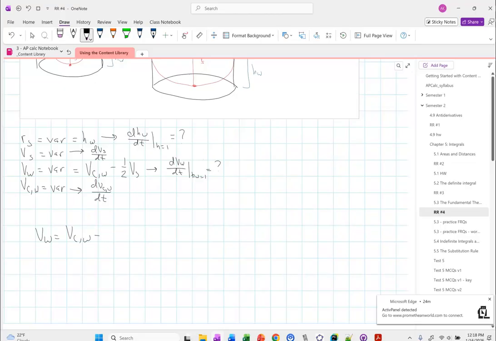Yes, thank you. Got it. So the volume of a cylinder is pi r squared height, right? Now keep in mind that the radius of the cylinder of water is just going to be the same as the radius for the tank. That's a constant, which is nice.